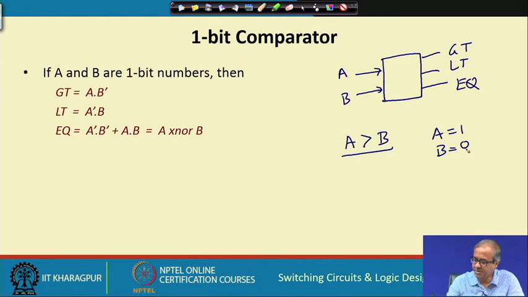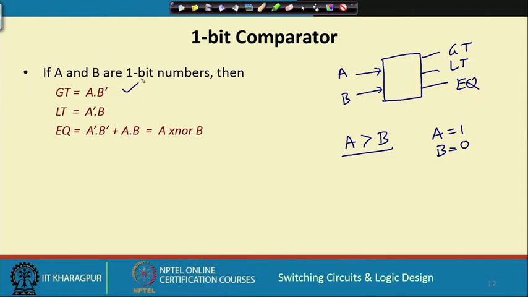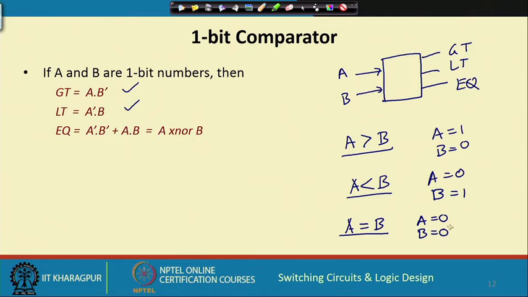So, it will be A B bar. Less than means A is 0 and B is 1, again only one case, so it is A bar B. And for the equal case, A equal to B, there can be 2 scenarios: A 0 B 0, or A 1 B 1.